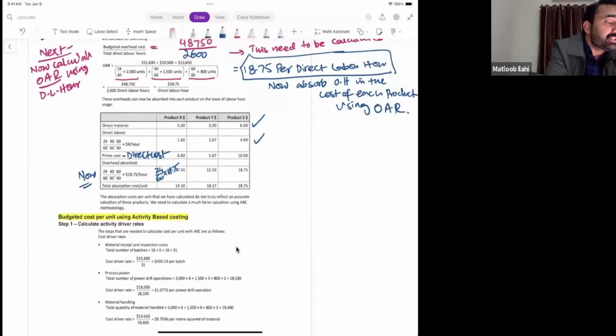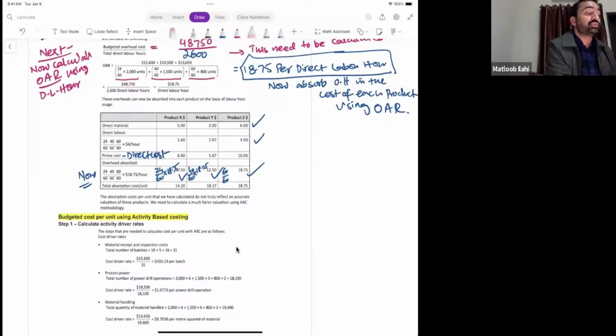Similarly, product Y consumed 40 minutes: 40 divided by 60 multiplied by 18.75 is equal to 12.5. And product Z required 60 minutes: 60 divided by 60 multiplied by 18.75. So this is the 1 hour rate. So this is how overheads are absorbed into the cost of the product.